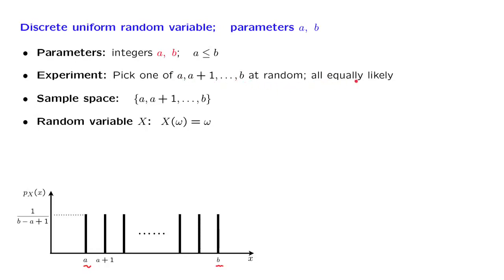And all of these values are equally likely. To be more formal, our sample space is the set of integers from a until b, and the number of points that we have in our sample space is b minus a plus 1 possible values.